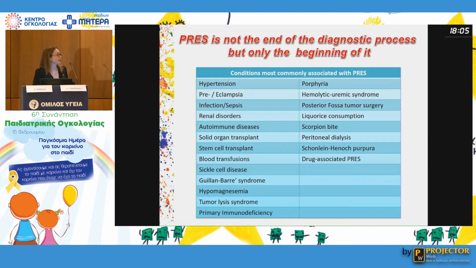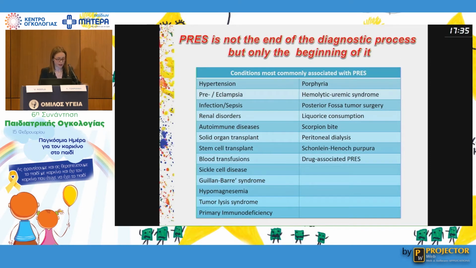When I started preparing this presentation, I went to Medline, I did a quick search, and there are around 2,000 papers coming out. The majority of these papers are case reports. Why? Because many diseases are associated to the PRES syndrome. So I tried to summarize the conditions that are most commonly associated with PRES.